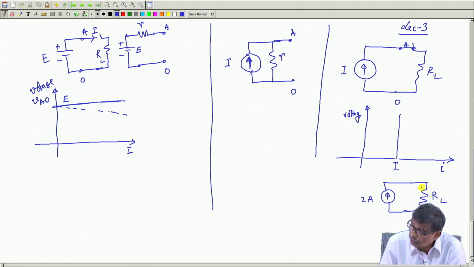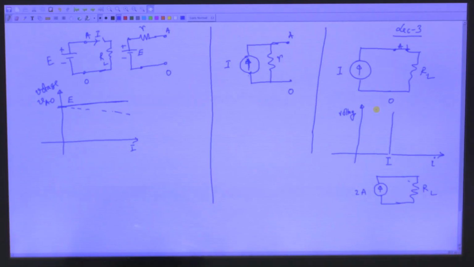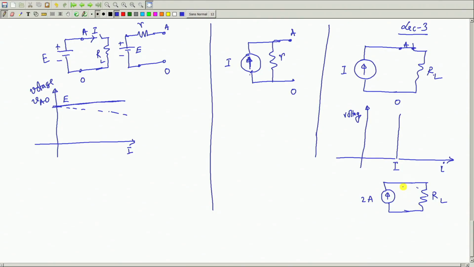If you connect 4 ohm, RL is equal to 4 ohm, the voltage across it will be 8 volt. That is why voltage can be anything. Of course, anything means it should not disturb the insulation level of RL, so that it will be destroyed, but there must be some RL connected here, and voltage can be anything.